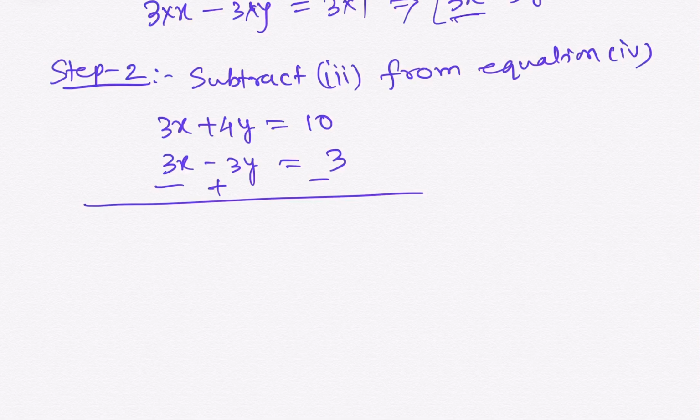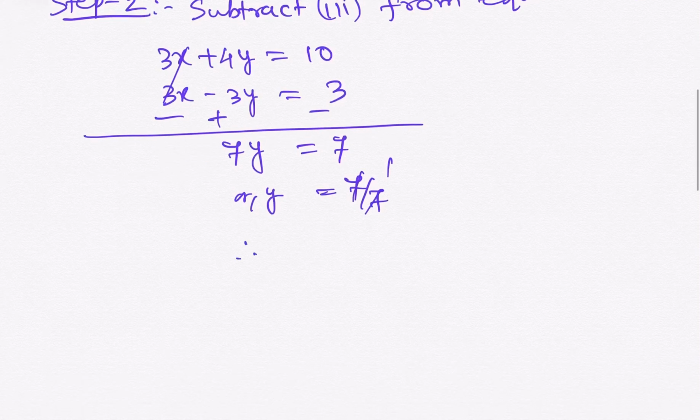Here we see that 3x minus 3x cancels. Here 4y plus 3y, which is plus 7y, equals 10 minus 3, which is 7. Therefore y equals 7 by 7, which is 1. So the value of y is 1. We get one variable value.